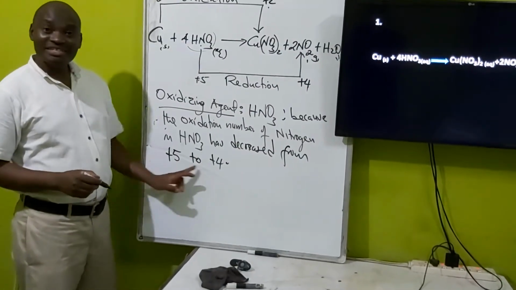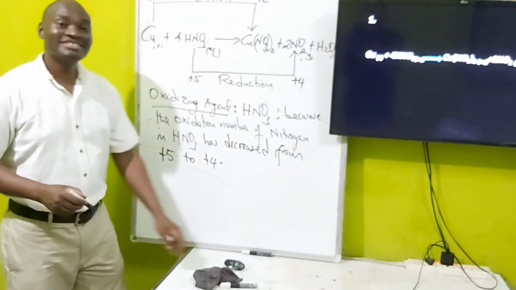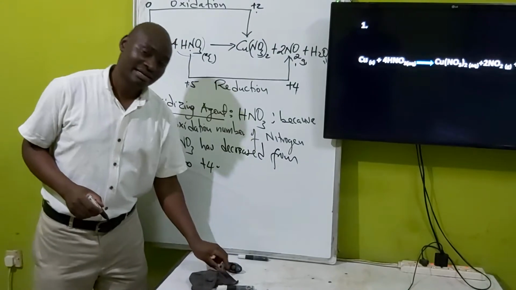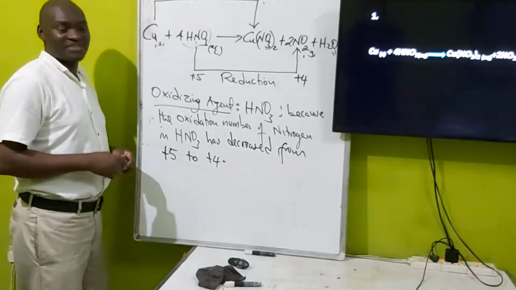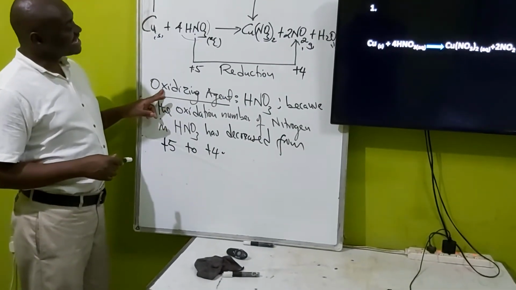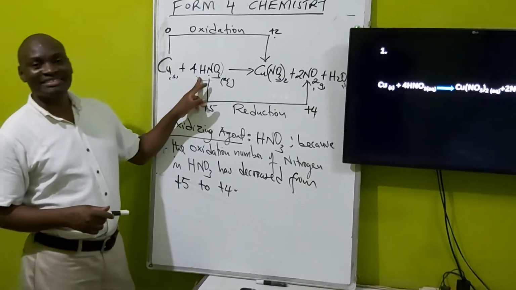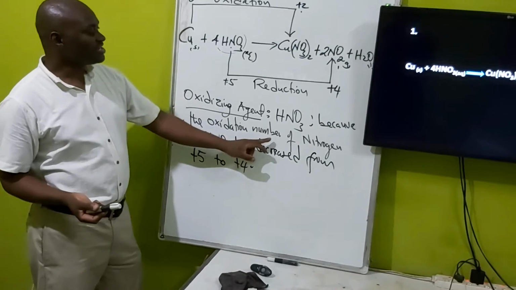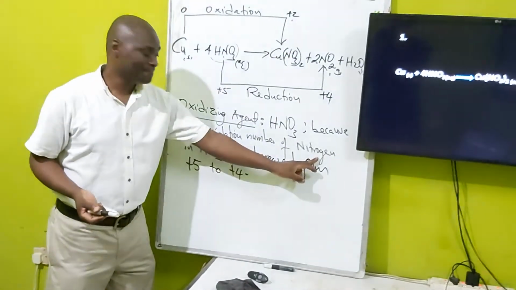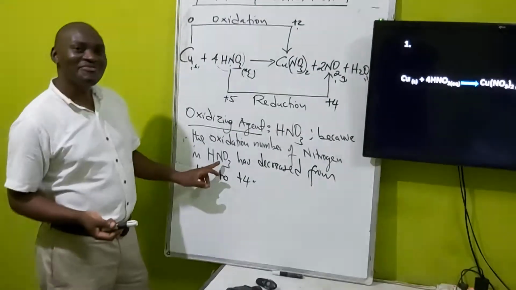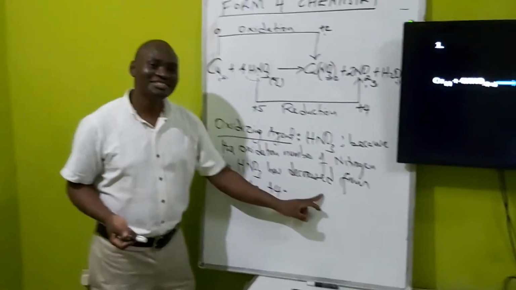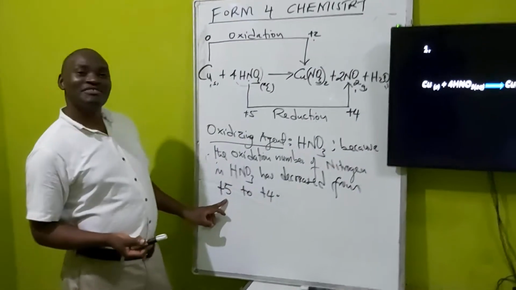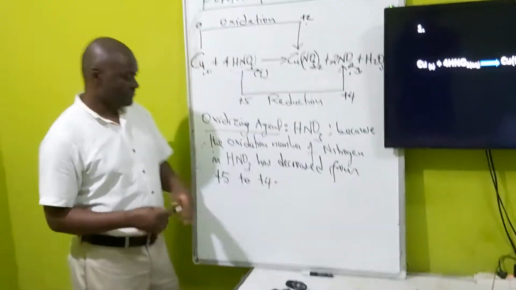And you must quote these numbers. You don't just say it decreases. By what figure? So the oxidizing agent is nitric 5 acid. Why? Because the oxidation number of nitrogen in nitric 5 acid has decreased from positive 5 to positive 4.